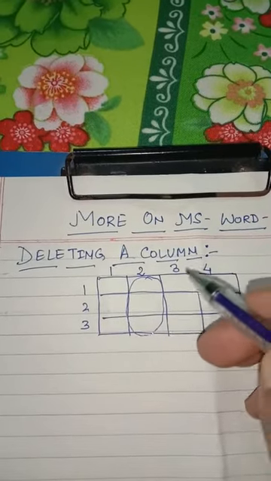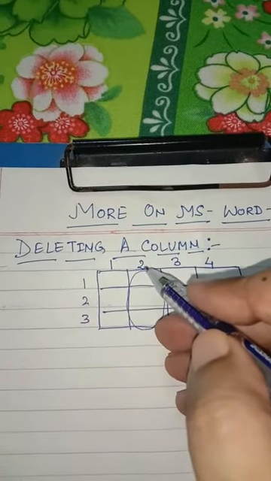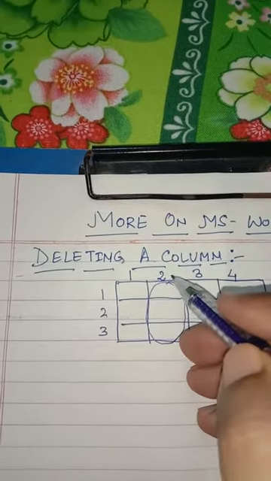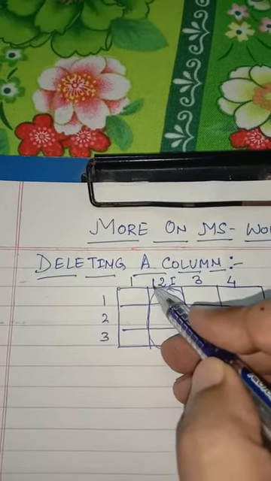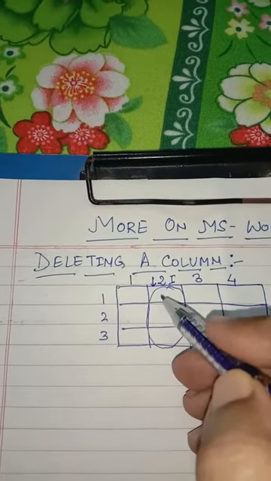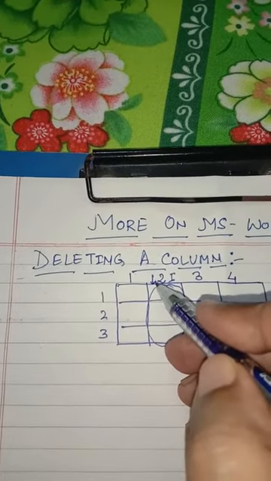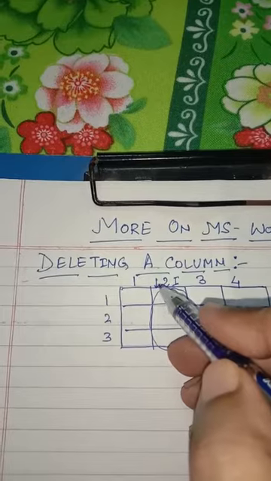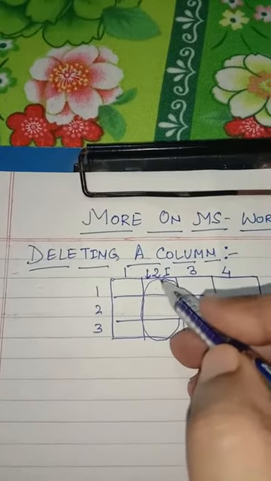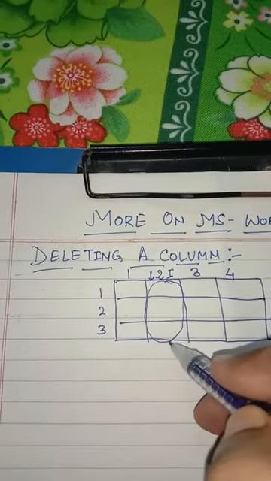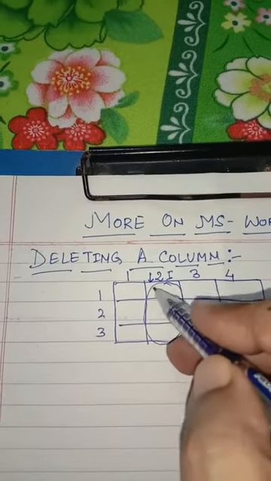So first of all, bring the cursor over column number 2. As soon as you bring the cursor over here, the cursor changes to the direction of a pointed arrow, like this one. And as soon as the cursor changes to the arrow, just left click over here. As soon as you left click over here, the entire column will get selected.